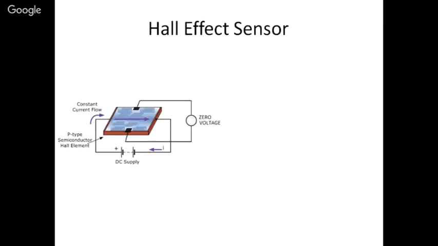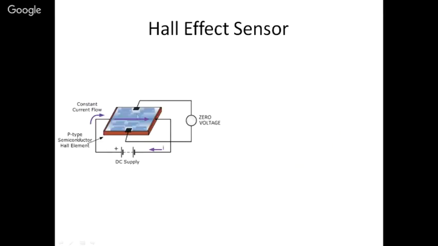So in a Hall effect, what is the principle? If there is a plate and we connect, say, a DC supply to this plate in the fashion shown here, the current will flow, the conventional current, and we know the electrons will flow in the opposite direction because we take the conventional current as opposite to electron flow.